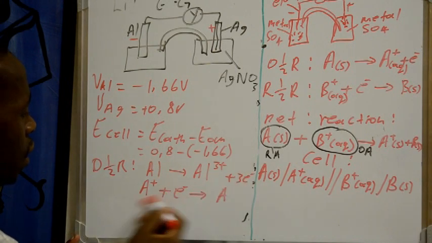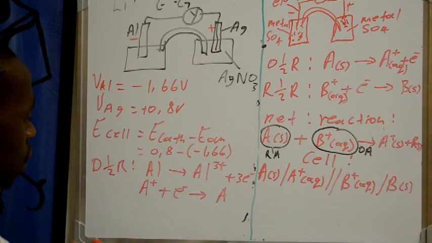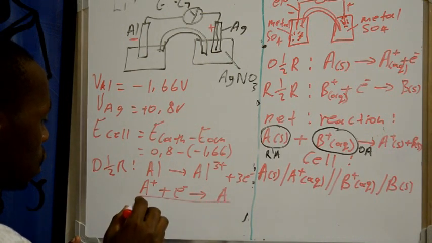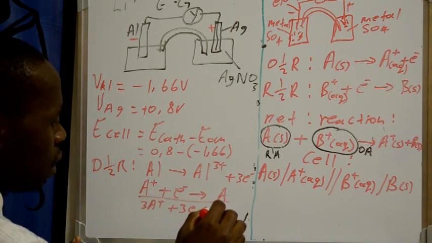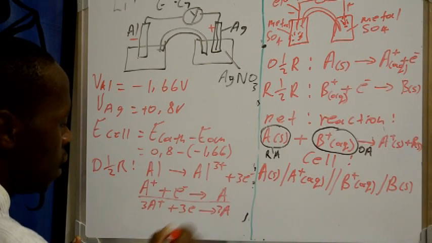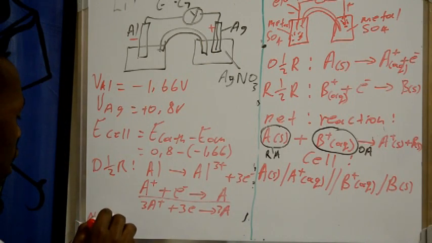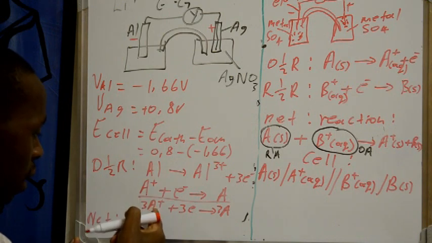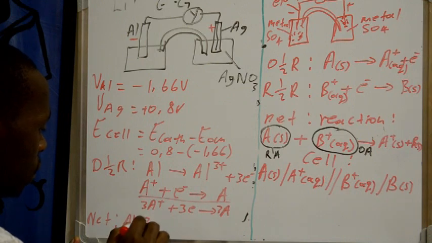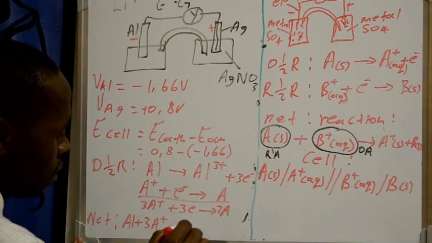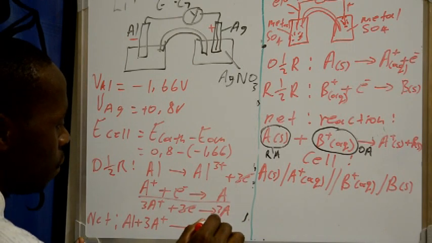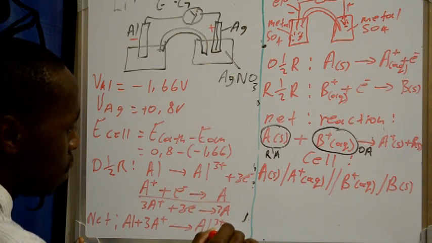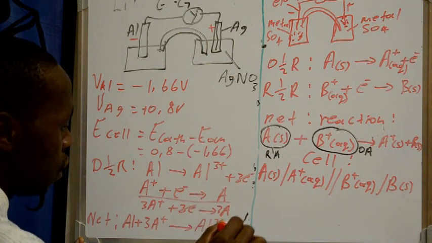There is 1 here, so multiply this by 3 so that your electrons are equal. So for this reaction you'll have 3Ag plus plus 3e, which gives you 3Ag. So what is your net equation? Your net will be aluminium plus 3Ag plus, both of them, Al3 plus plus Ag.